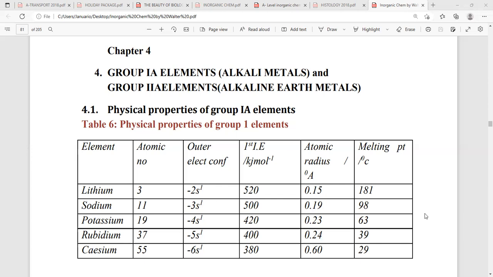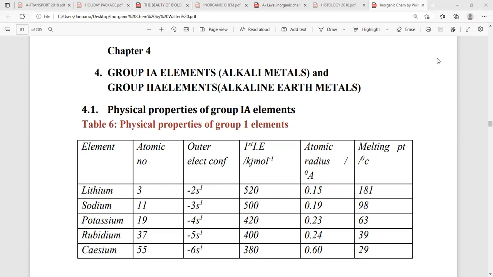That is, there is a decrease in effective nuclear charge, hence the electrons can easily be removed from the outermost quantum shell. They are not easily attracted by the nucleus as you go down the group, hence the ionization energies decrease. And as well, you expect to have an increase in atomic radius.